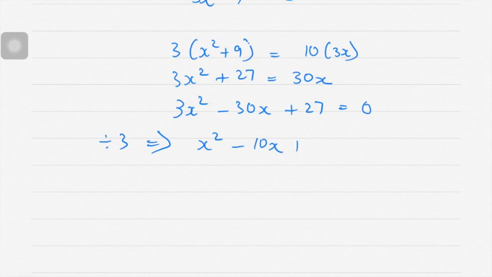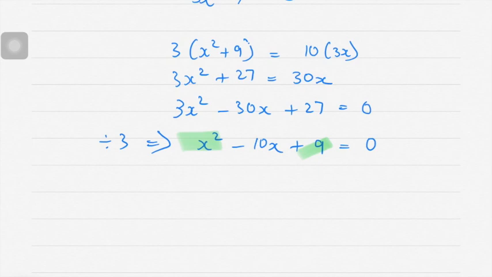Divide the equation by 3. Okay, when you divide the equation by 3, it will become x square minus 10x plus 9 is equal to 0. Okay, see, now it has become easier.